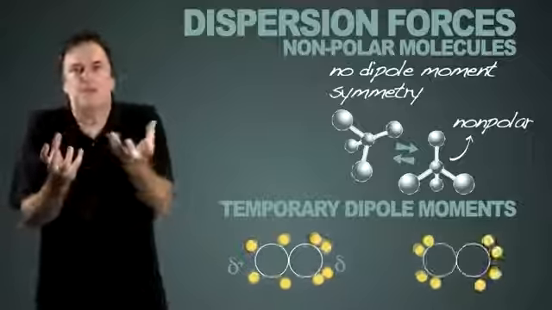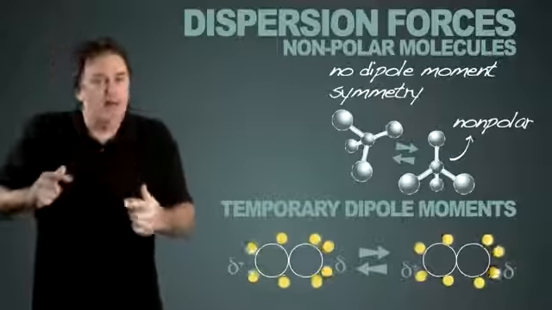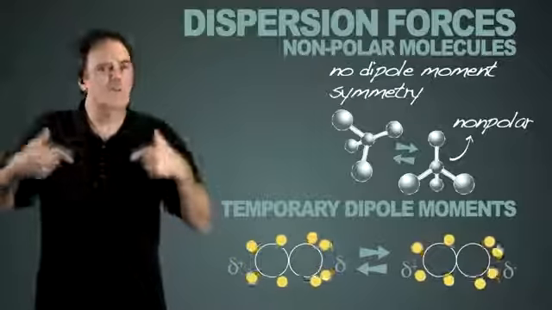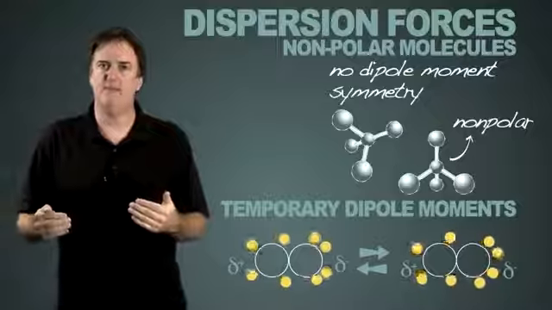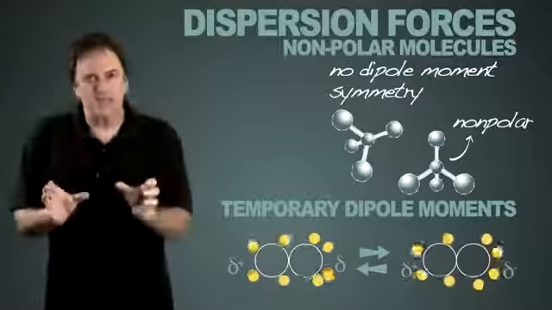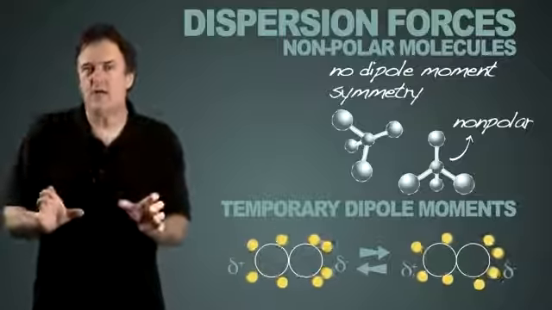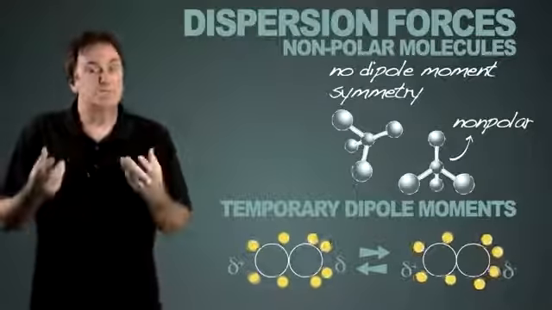And another molecule is going to get caught in that same time, and there's going to be an attraction there. This will change over time and time again in a very fast time frame, yet the attraction is there. So it's a very slight attraction. It's not nearly as strong as a permanent dipole, but that's what we call dispersion forces.